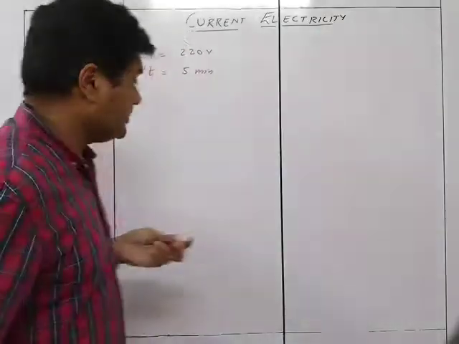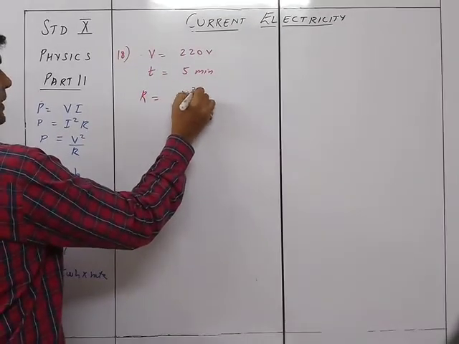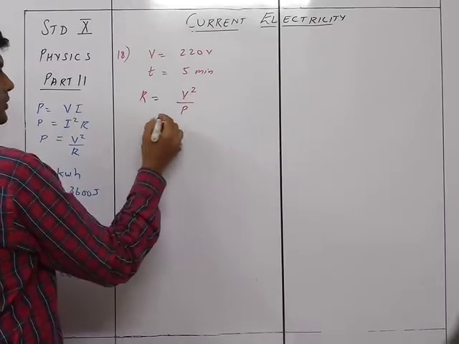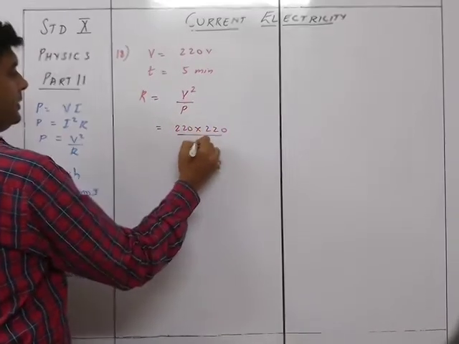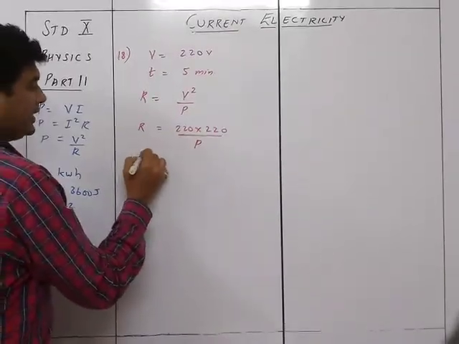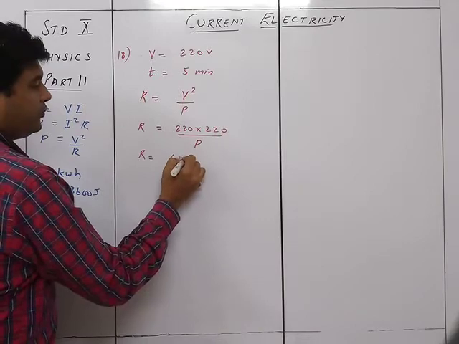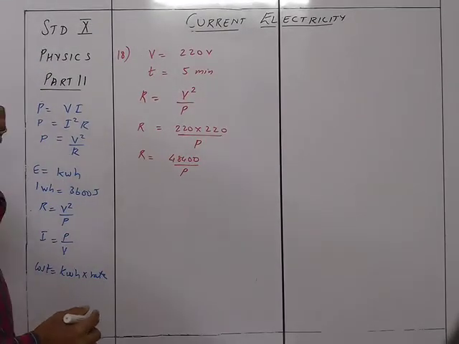Resistance is going to be common, so R is equal to V square upon P, so that will be 220 into 220 upon P. So R is equal to 48400 upon P.